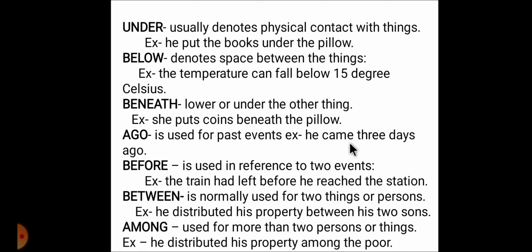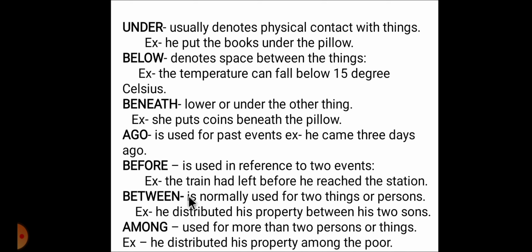For example, he came 3 days ago. Next, before. Before is used to refer to events. For example, the train had left before he reached the station. So when there is before, you need to understand the situations.